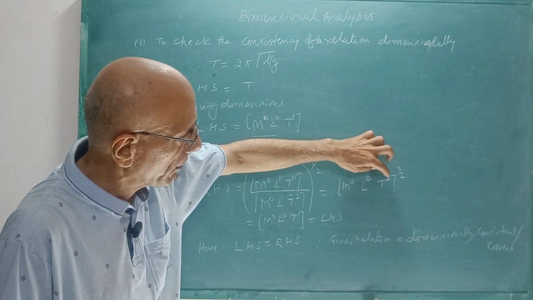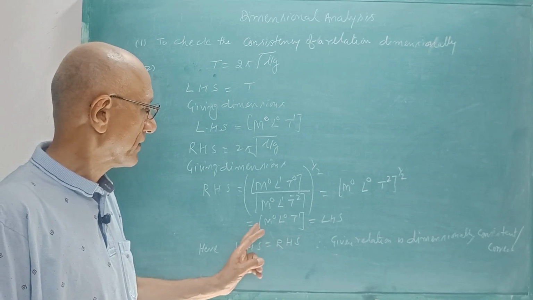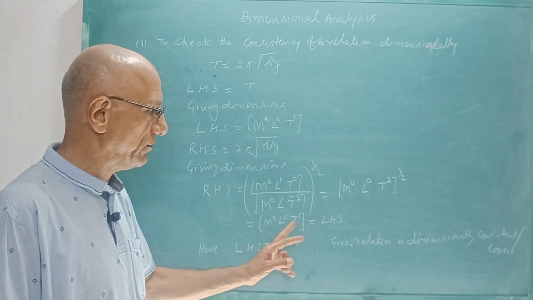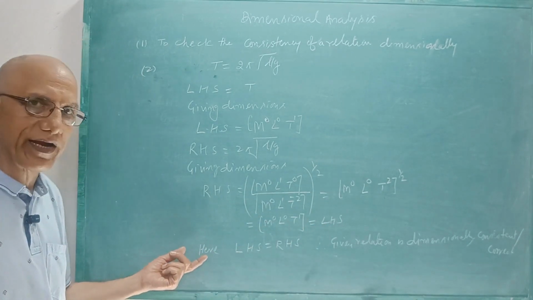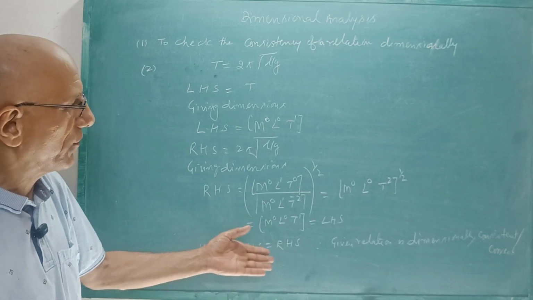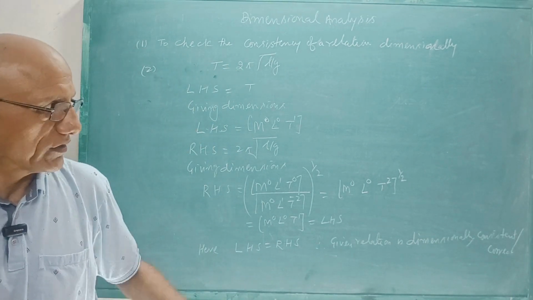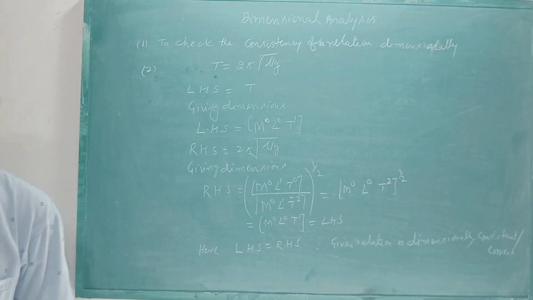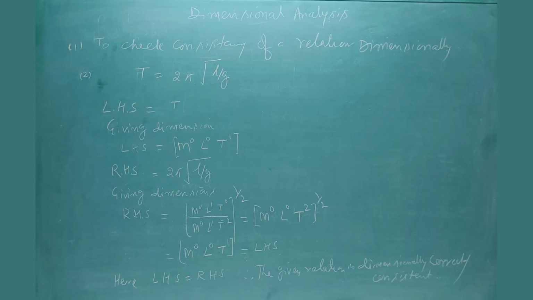So 0 into half is 0, L power 0 into half is L0, and T power 2 into 1 by 2 remains 1. So the dimensions come M0 L0 T1, which is the same as that of the LHS. So we find LHS equal to RHS. Therefore, the given relation is dimensionally correct or consistent. So this way we have to do it, and always we have to follow these steps.